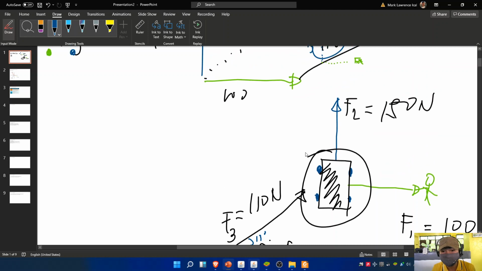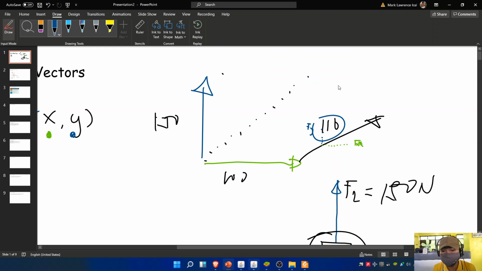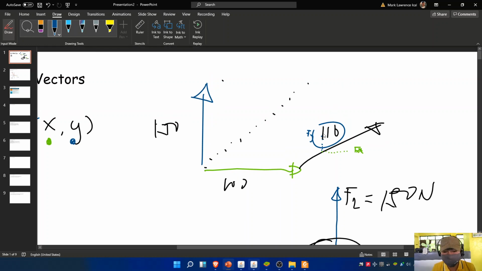Okay? Okay, 13 degrees. So, it means to say, we're going to introduce a new formula. So aside sa mga formula binigay ko kanina, like the resultant is the square root of f of x squared plus f of y squared, and arctangent theta is equals to arctangent f of y over f of x.